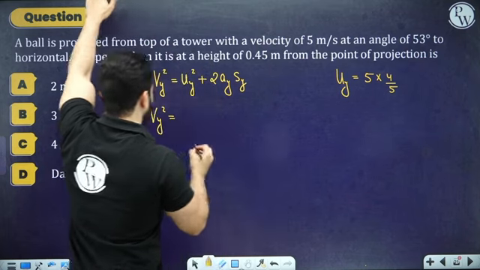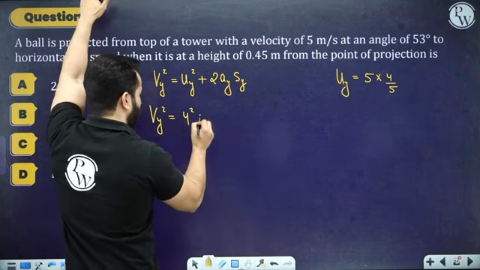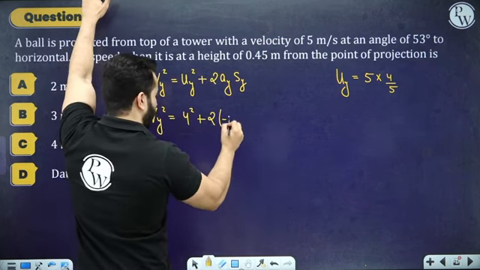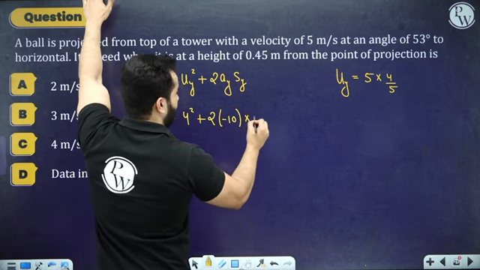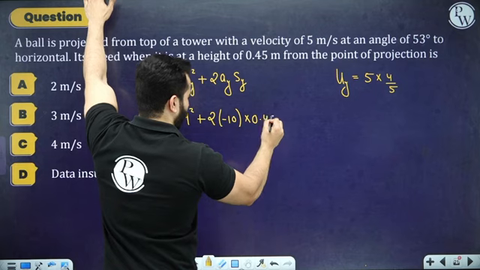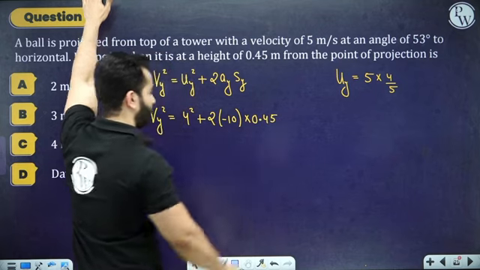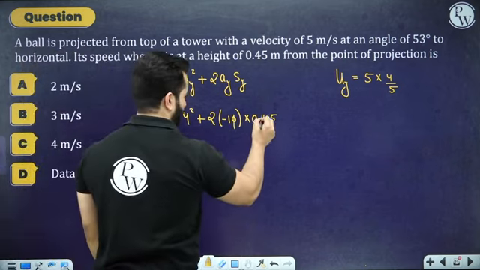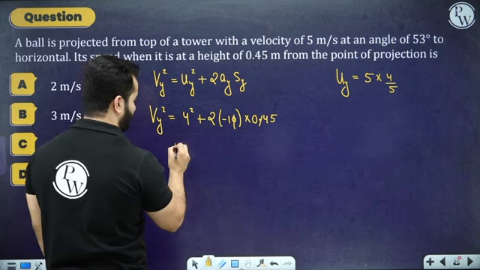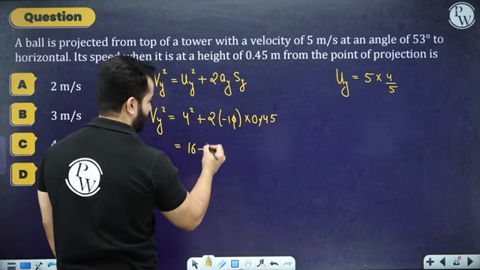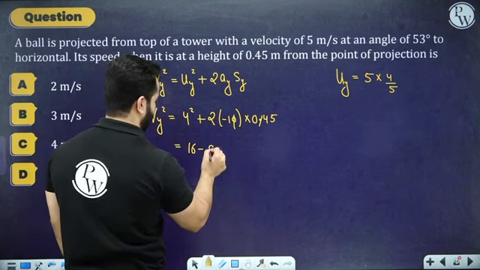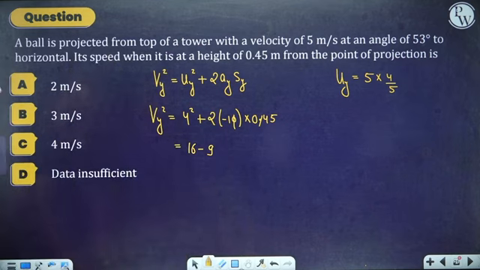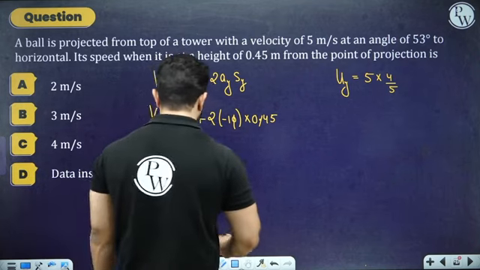So this is going to be 4 square plus 2 times minus 10 times 0.45. Is that correct? So this thing will be 9. So this is 16 and this will be minus 9. Hopefully everything is clear till here.